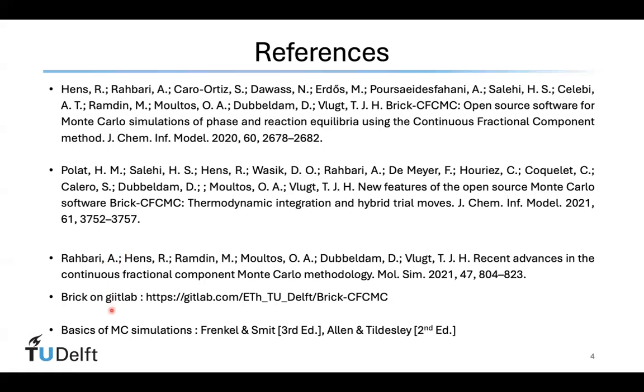BRIC is available as a free open source software that can be downloaded from the GitLab page maintained by the engineering thermodynamics group. For the basics of Monte Carlo simulations, one can always refer to Frenkel and Smit and also Allen and Tildesley.